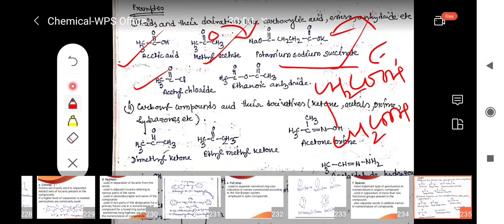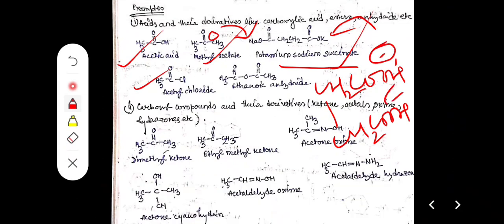Potassium sodium succinate. How do we know? In the IUPAC name, we have to consider alphabetical order: P, Q, R, S, T. So P comes first, then S. That's why potassium is written first, then sodium, then succinate. Succinate is a carboxylate ion, not a carbanion.